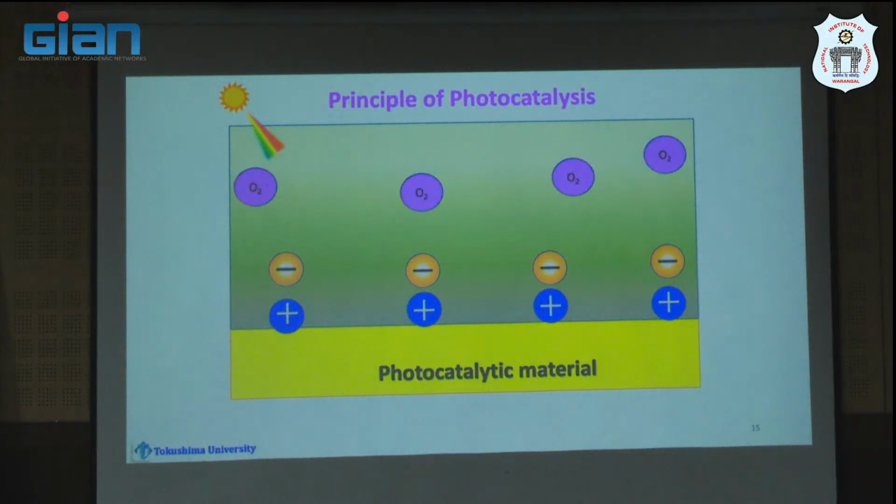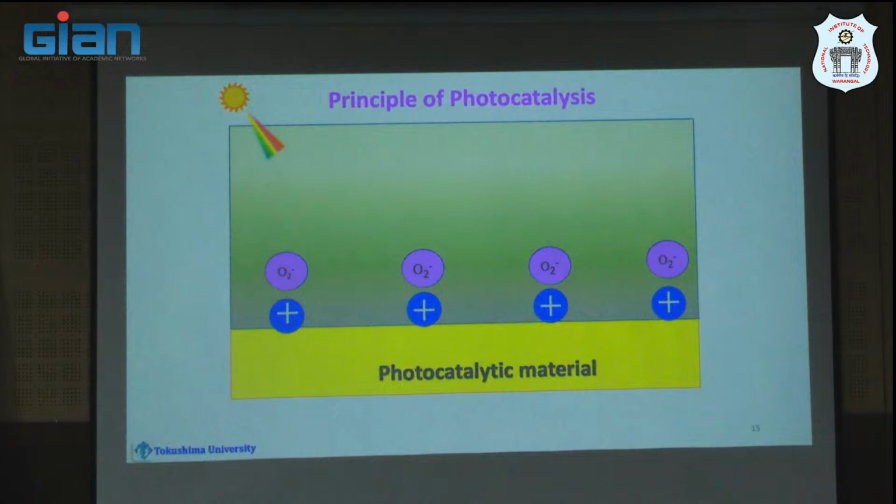Then there is oxygen. Oxygen reacts with the negative charge, the electron, and it creates O2 minus.